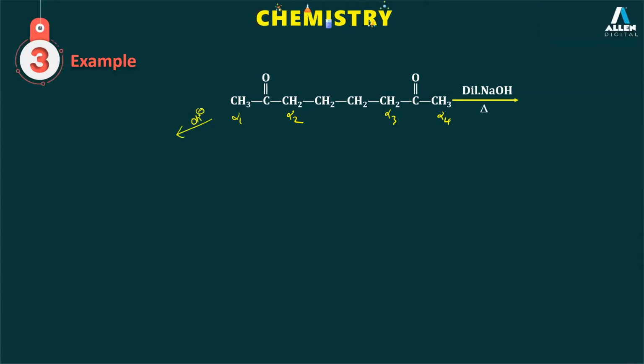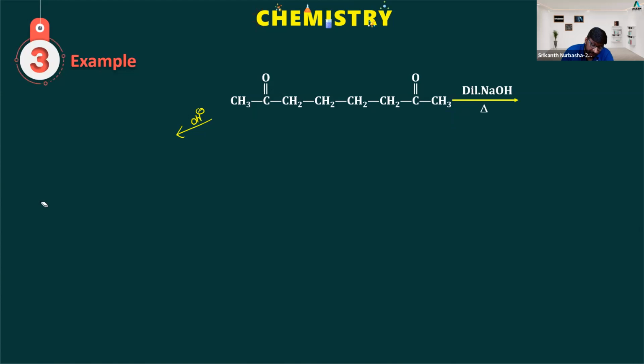First and fourth I have to eliminate, because if the first carbon gets the negative charge, it will attack this particular C double bond O, leading to the formation of a 7-membered ring. A 7-membered ring is not possible, so I can eliminate first and fourth. So I can form a negative charge either on this position or on this position. They will lead to the formation of 5-membered rings.